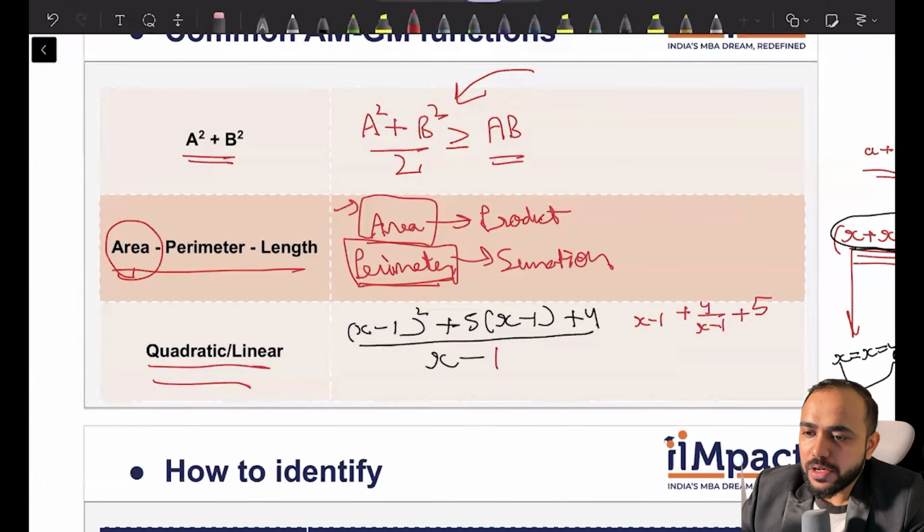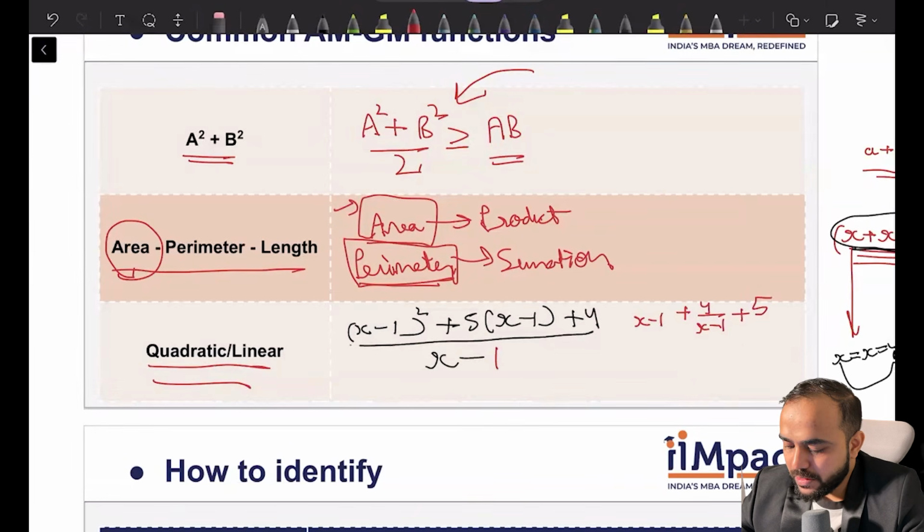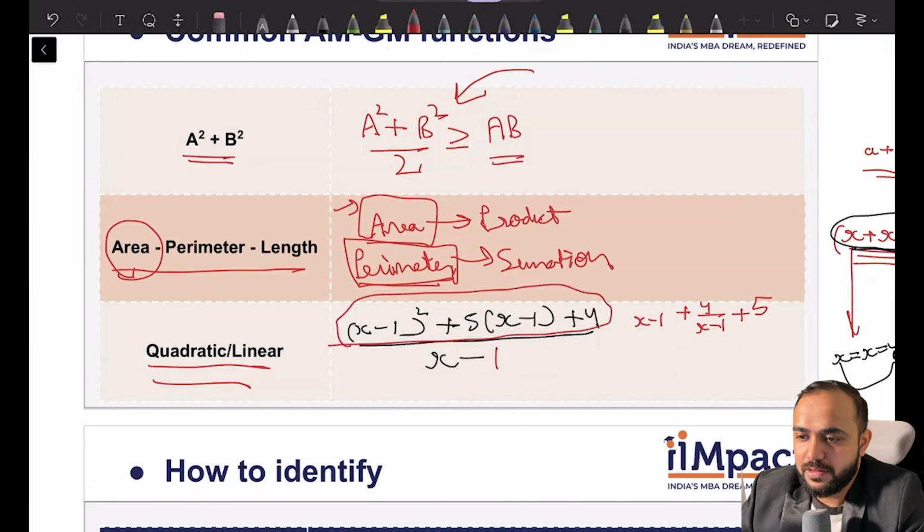The trick to spot in quadratic is numerator and denominator, and you can manipulate that because there is no reason for them to give it to you like this, right? They could have expanded this. They could have given this to you as x square plus 3x plus 4.